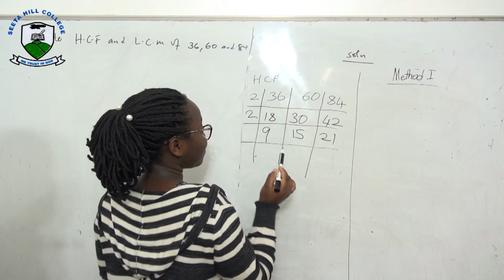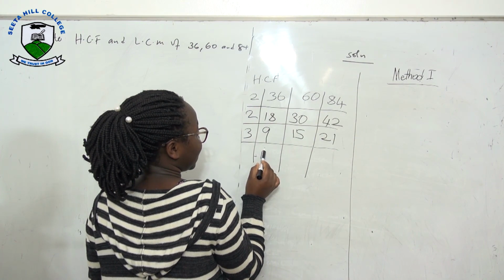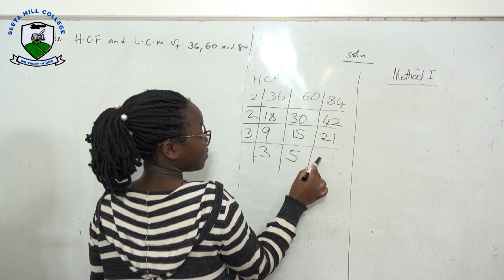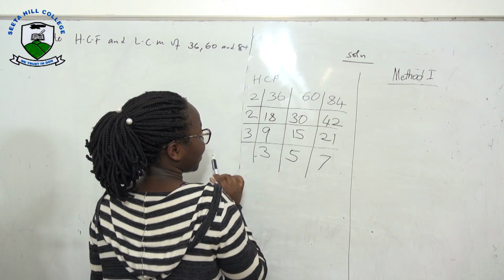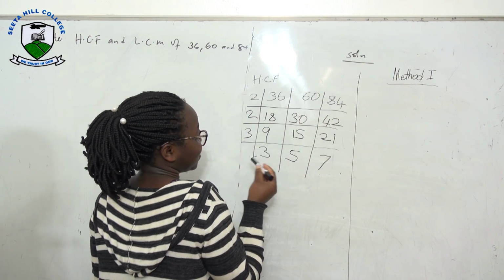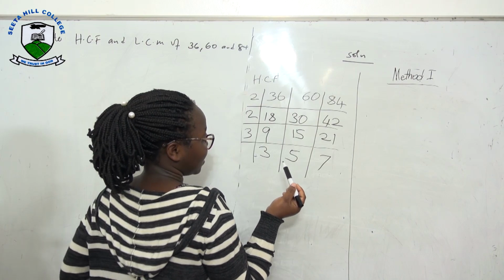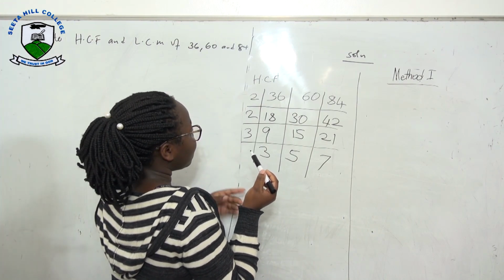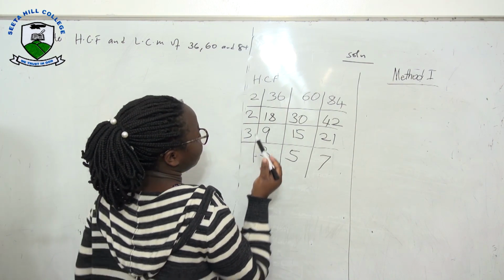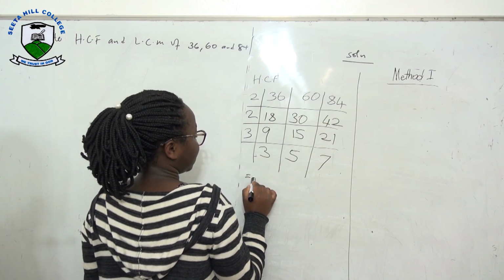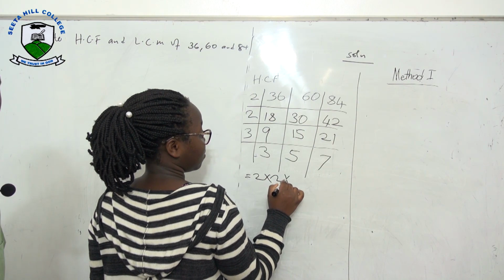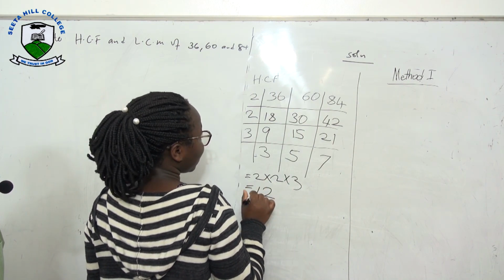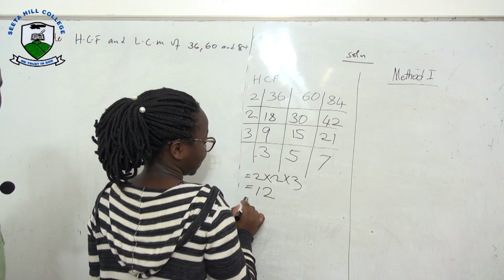Then by 3. Now when we reach this step, we don't see any factor that can divide these without leaving any remainder. So we use the factors we have used. It will be 2 times 2 times 3 to give us 12. So the highest common factor is 12.